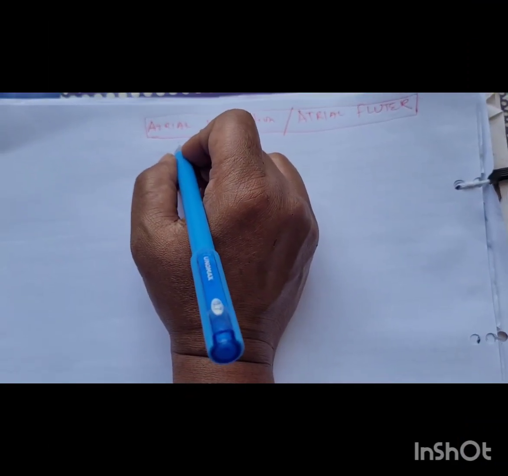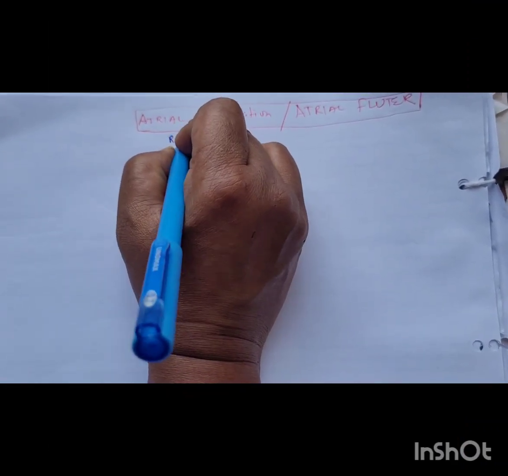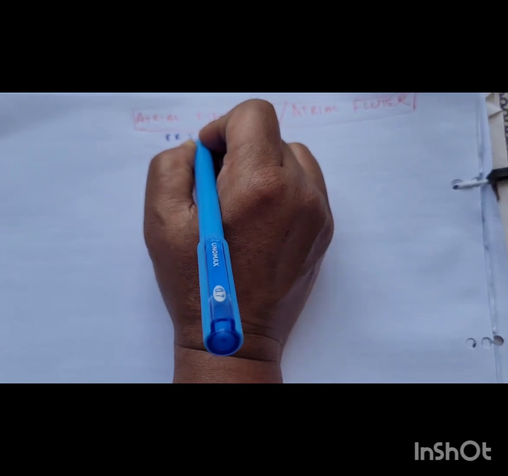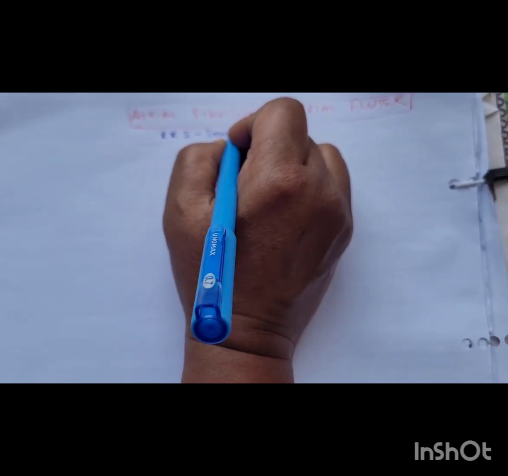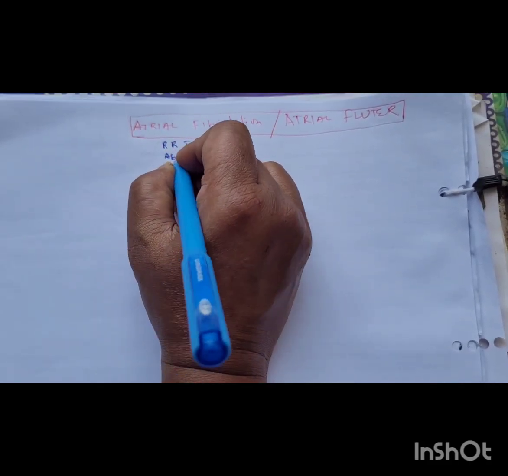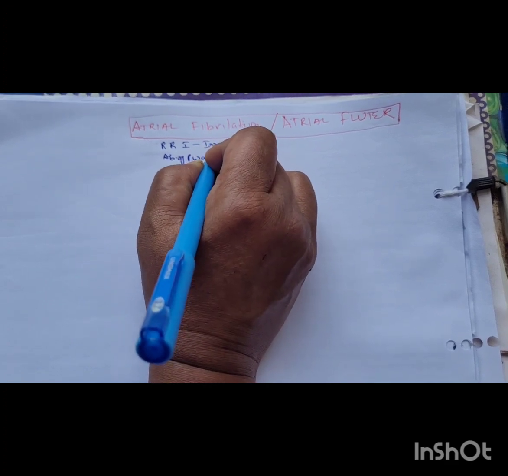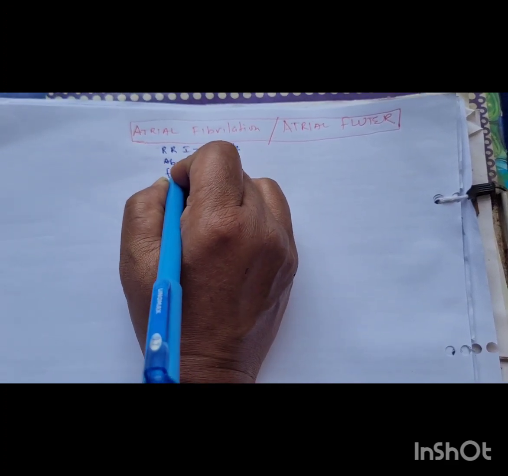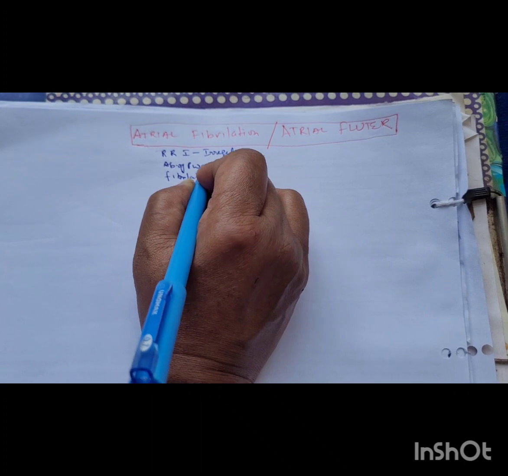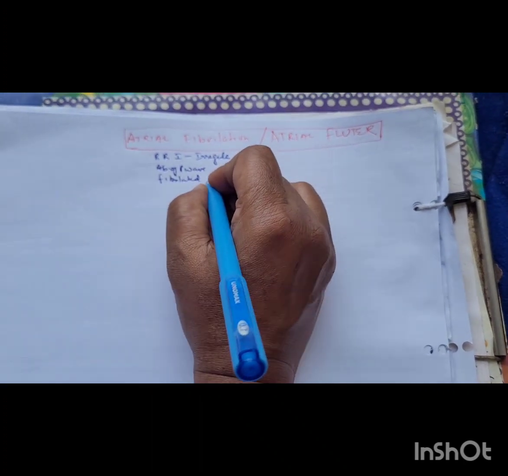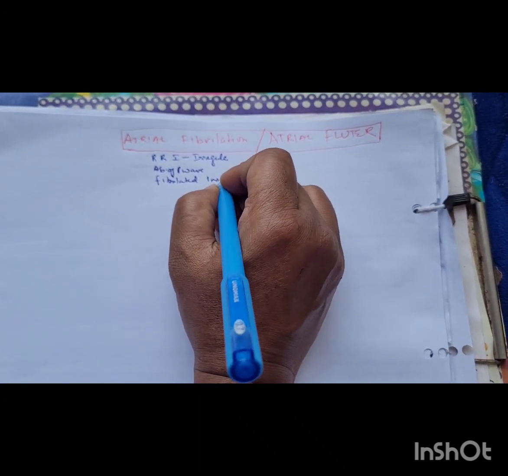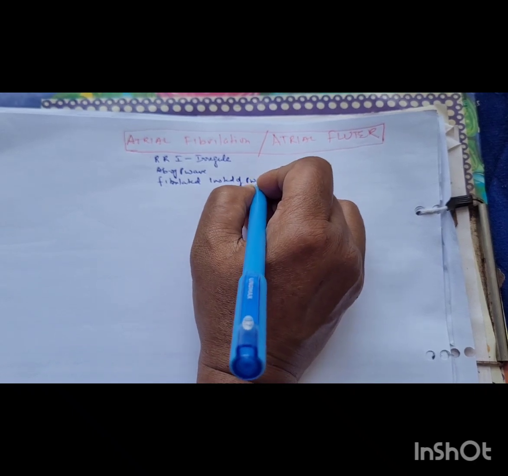On the ECG, the RR interval will be irregular, with absence of P wave; we will have fibrillatory waves instead of P wave.